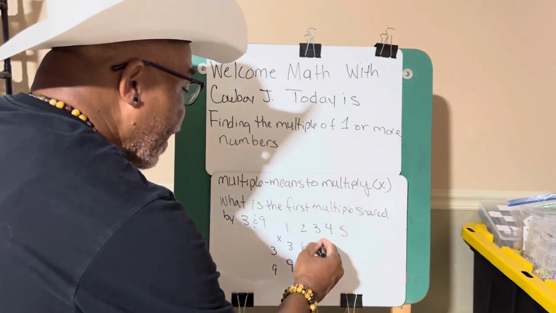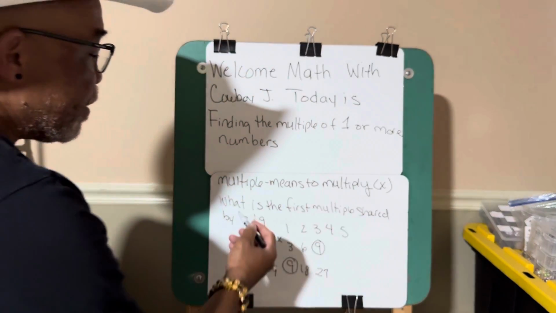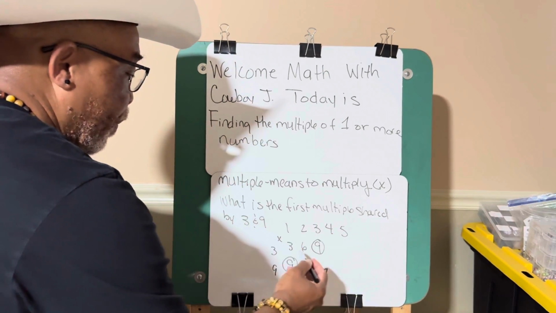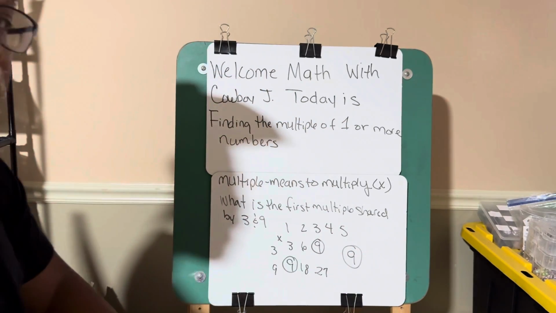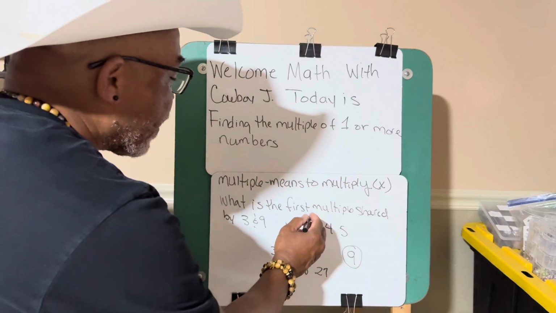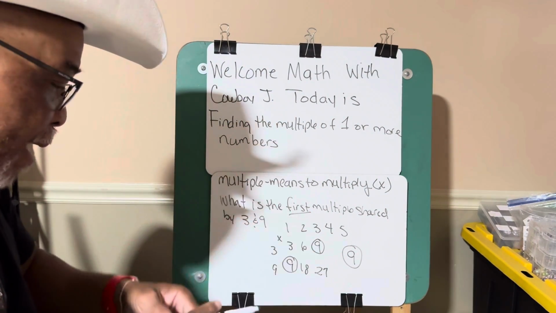If you said 9, you would be correct. So the first multiple shared by 3 and 9 is 9. Do they share other multiples? Yes, but we only ask for the first. So they ask for the first, that's the one they want.